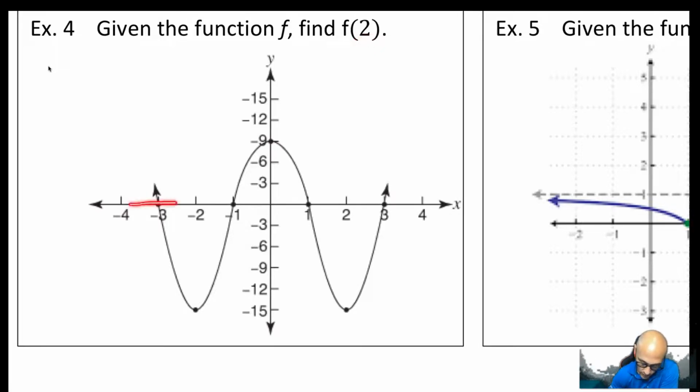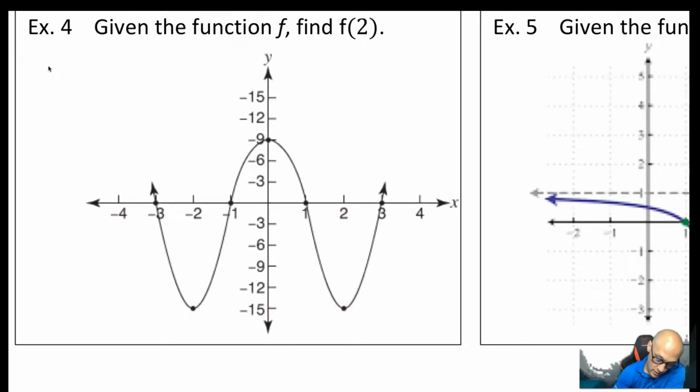So we follow along here until we get to x equals 2, that's right here, and then the y value is negative 15. So when the x value is 2, the y value is negative 15. So f of 2 equals negative 15.